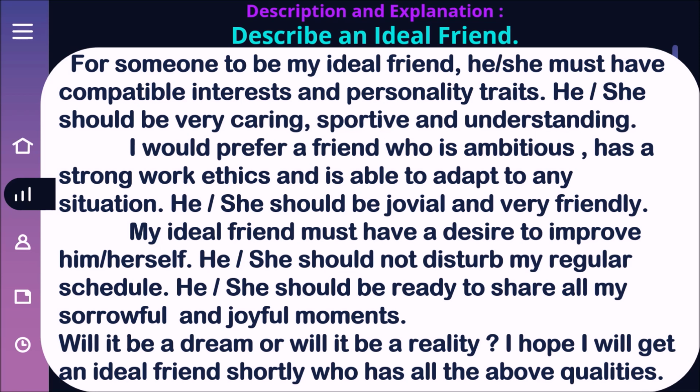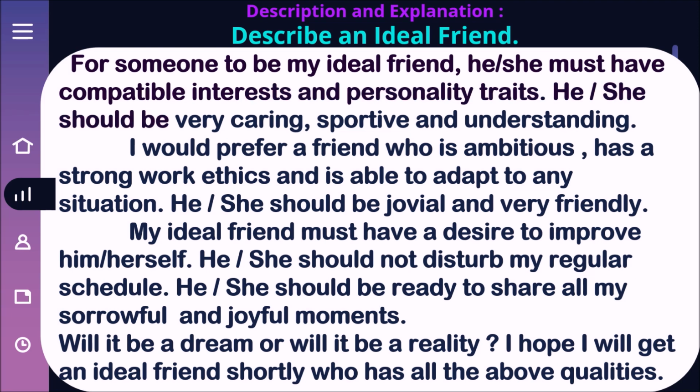Let's now check how we can write one example for description and explanation. The question here is, describe an ideal friend. For someone to be my ideal friend, he or she must have compatible interests and personality traits.